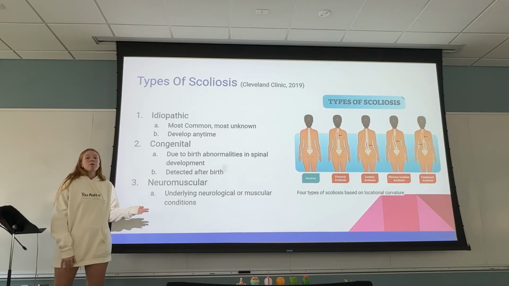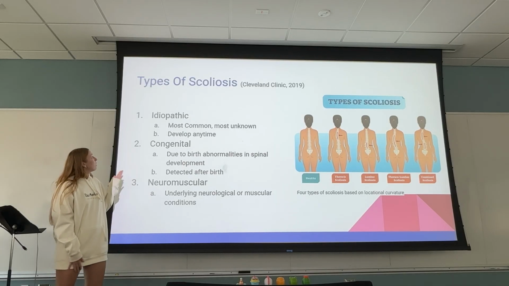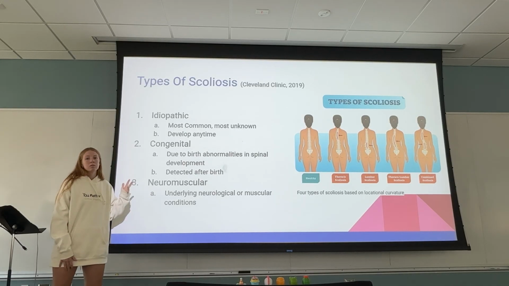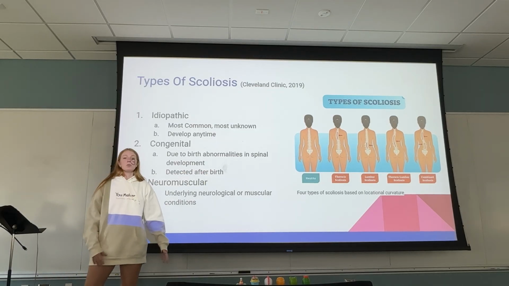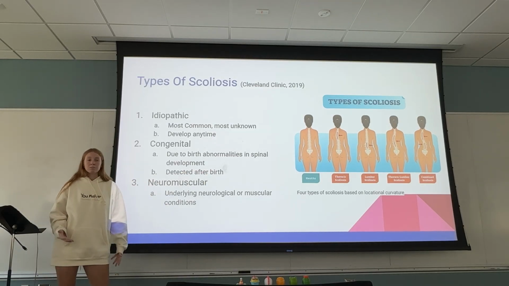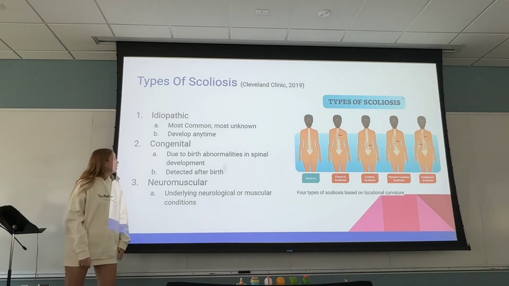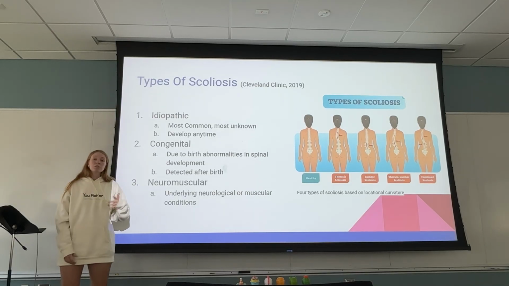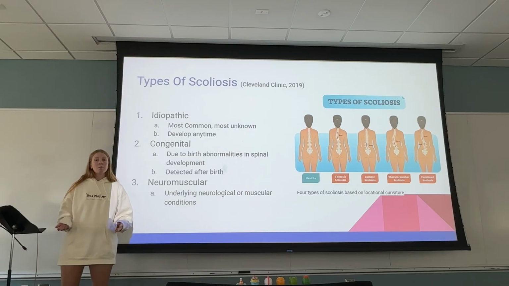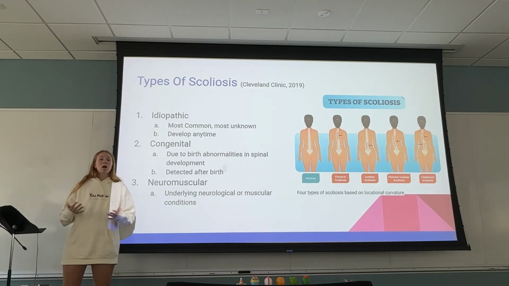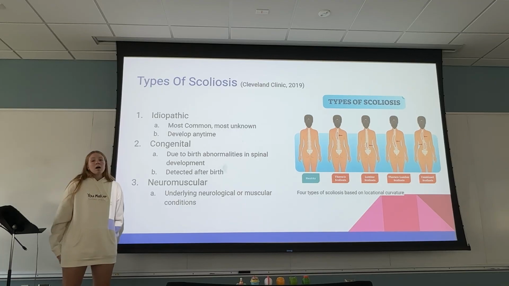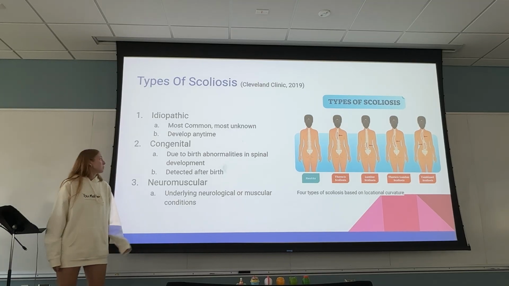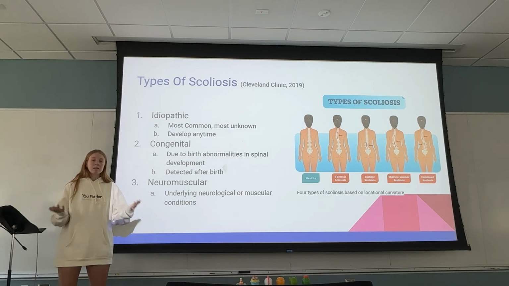With information found from the Cleveland Clinic, there are 3 types of how scoliosis develops, and then 4 types of scoliosis on where it affects the spine, like locationally. The first type is idiopathic, which is the most common type of scoliosis, but the most unknown to doctors, because it's unknown how or why it develops, and it can develop anytime and at any age.